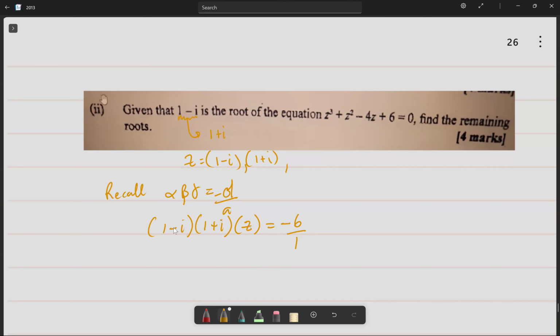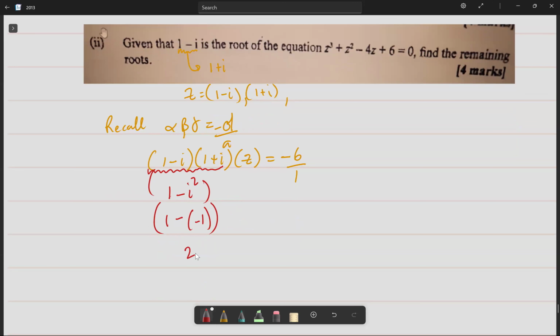So let's expand this. Before I even expand it like normally, I'm going to make you aware that this is a difference of two squares, which means that this is 1 minus I squared, which is 1 minus negative 1, which is 2.